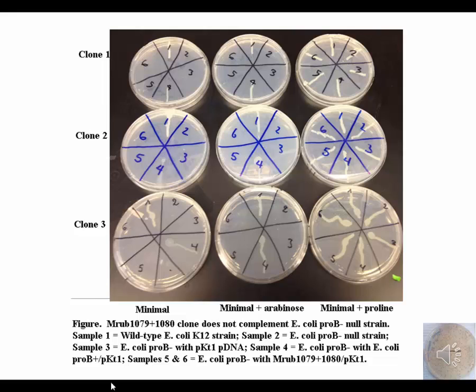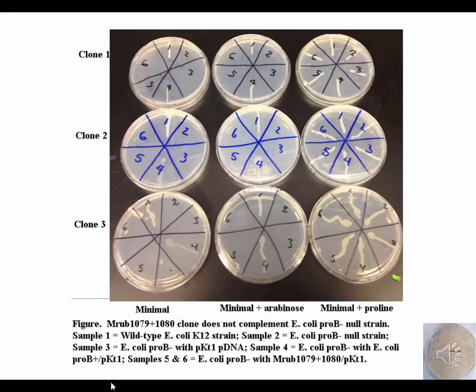What we see in these set of plates is that our control of the E. coli Pro-BA clone inserted into the E. coli Pro-B minus null strain did complement. That's sample 4. And you can see sample 4 grew on both minimal plus proline and minimal plus arabinose.